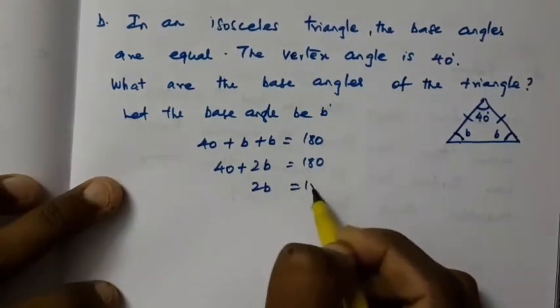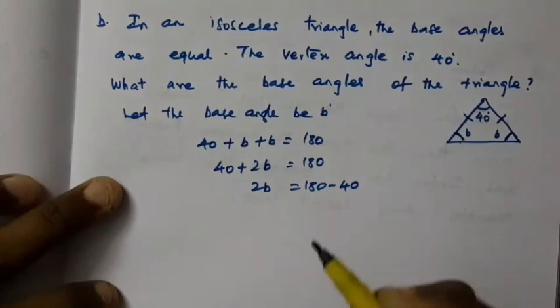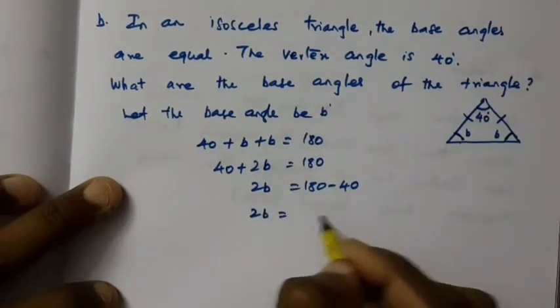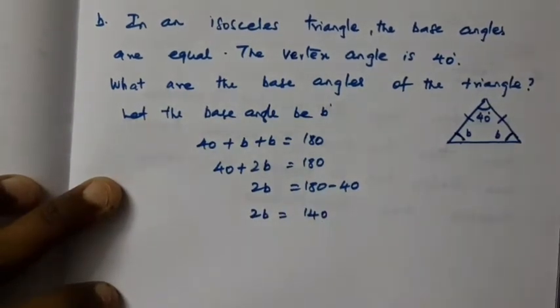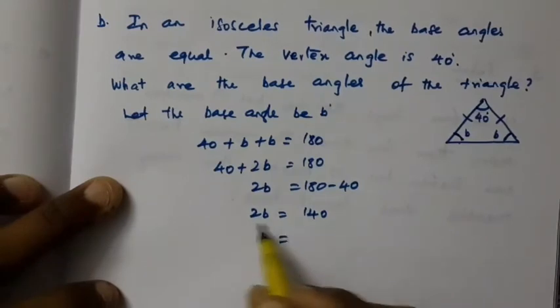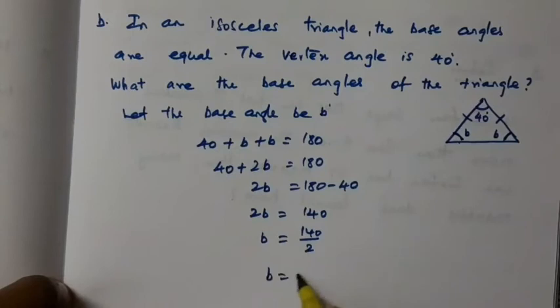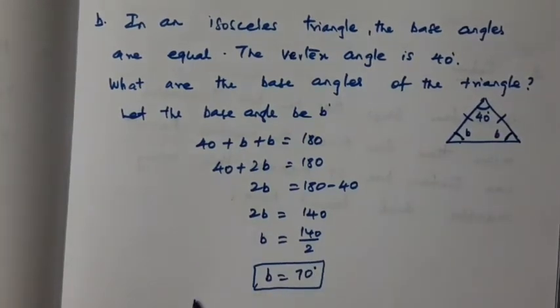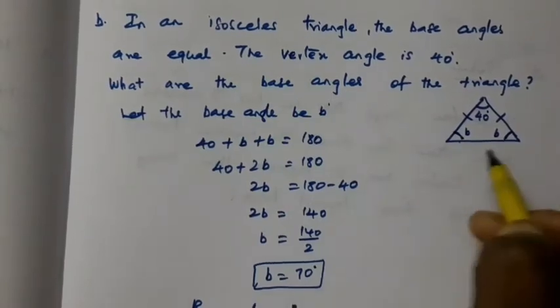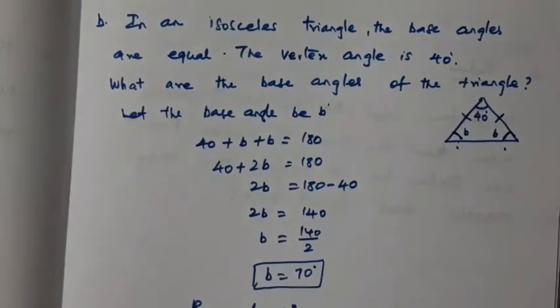So 2B equal to 180 minus 40, which is 140. Now I am going to divide by 2 on both sides. 140 by 2, B equal to 70. Okay, so the base angle equal to 70 degrees. That is, this is 70 degrees and this is also 70 degrees.